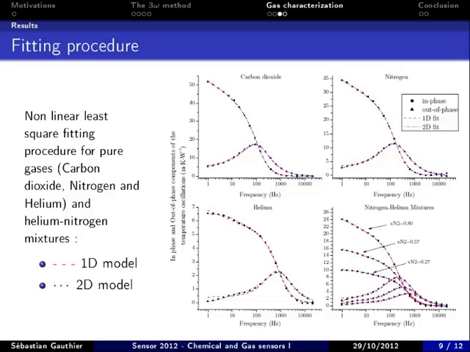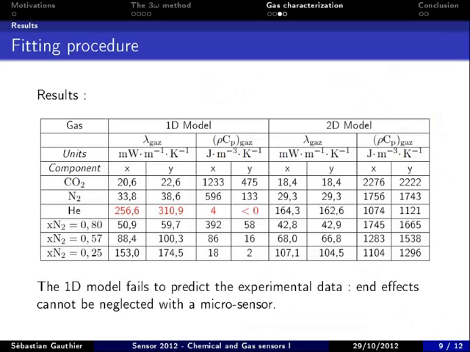So doing that, using these two models to explain our experimental data, we plotted the temperature oscillation for different gases as a function of the frequency, and used the 1D and the 2D model to measure the thermal conductivity.